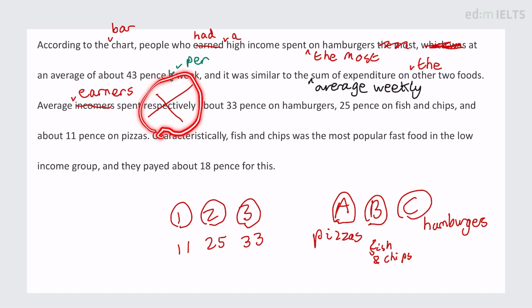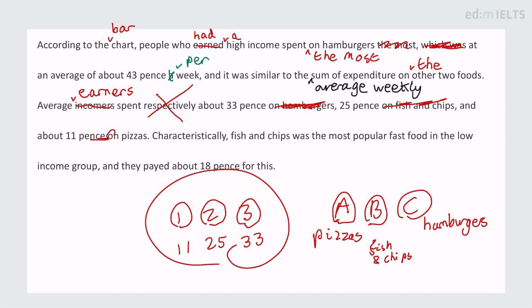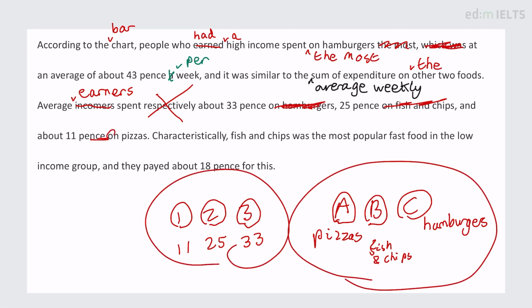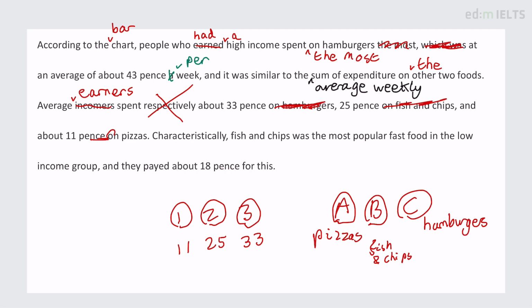The way we use it is to say something like spent 33 pence, 25 pence, and about 11 pence on hamburgers, fish and chips, and pizzas respectively. So you put these first, and then you do these. Otherwise, there's no point in using the word respectively, which is just to provide the order in a shorter way.